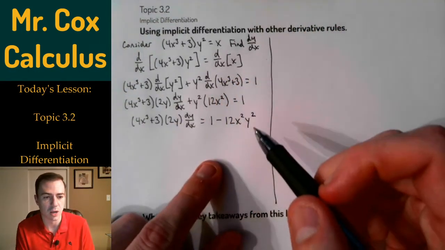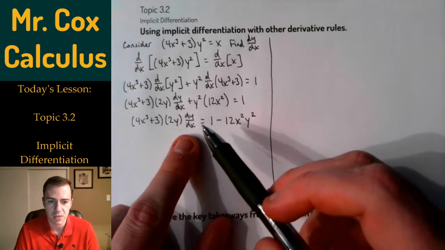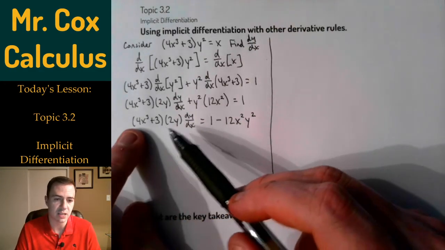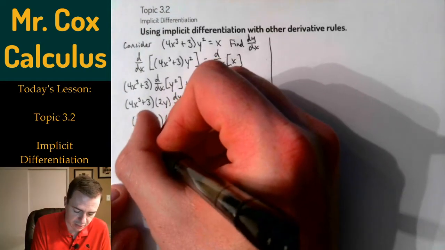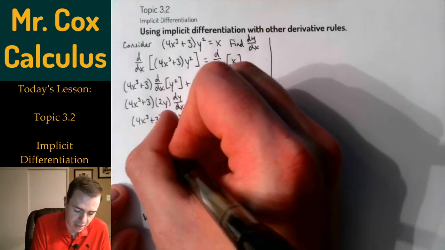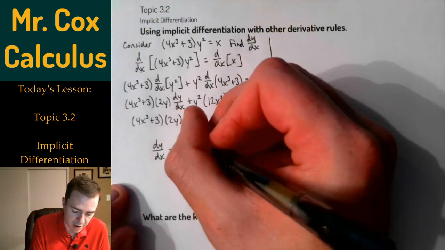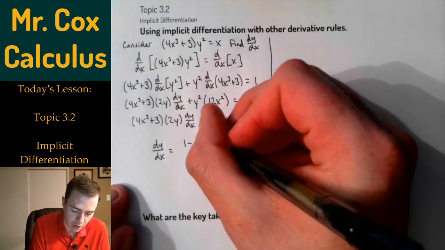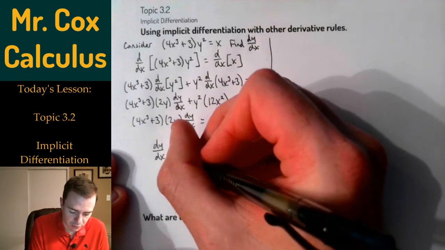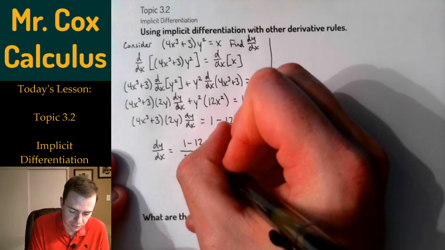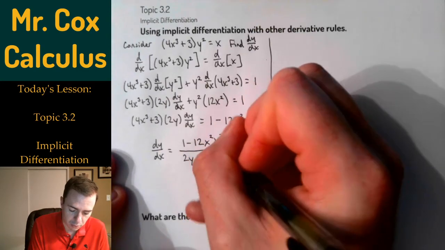Hopefully you're comfortable with that simplification. Now to get dy dx by itself, I just need to divide by this product right here. So I can say dy dx is equal to 1 minus 12x squared y squared, all over 2y times 4x cubed plus 3.